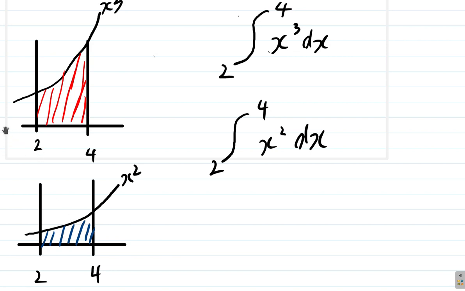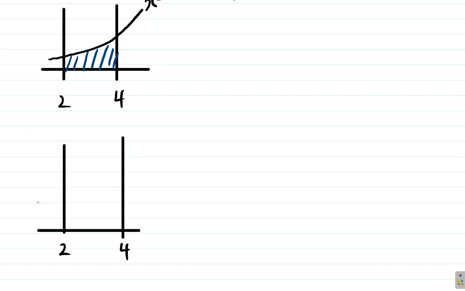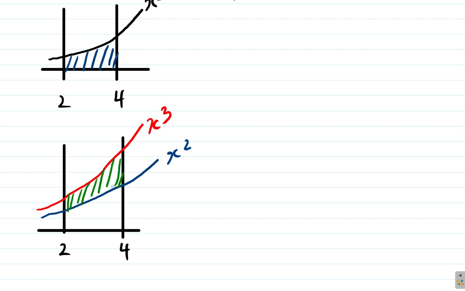Now, suppose you make both the x cubed and x squared go together. What will happen? You have the 2 here and the 4 here. You have the x-axis. So you have 2, 4, and you have the x cubed, and you have the x squared. The area that you'd be finding would be the difference between the area under the x cubed and the area under the x squared.